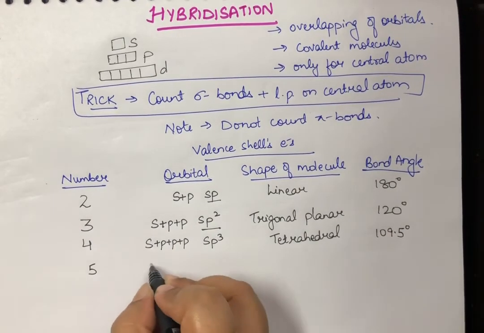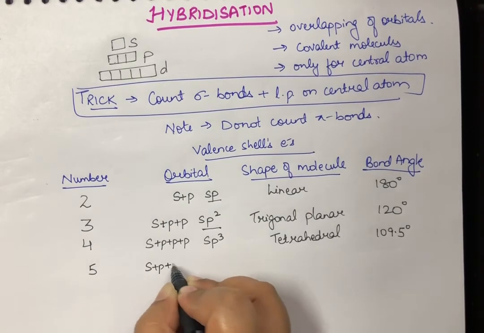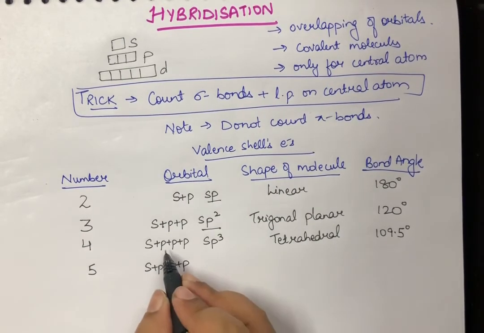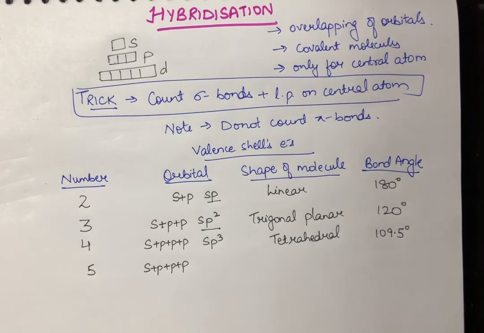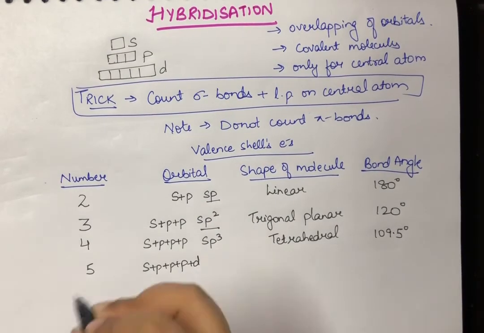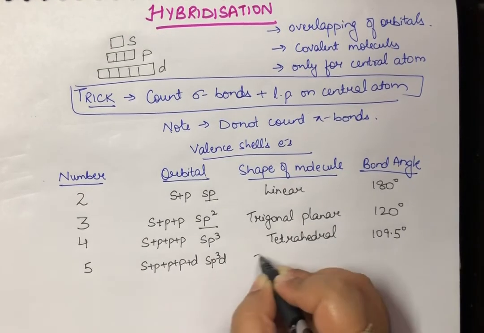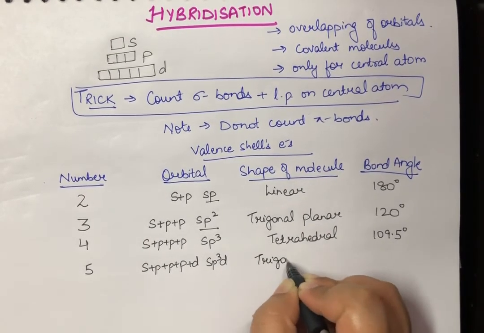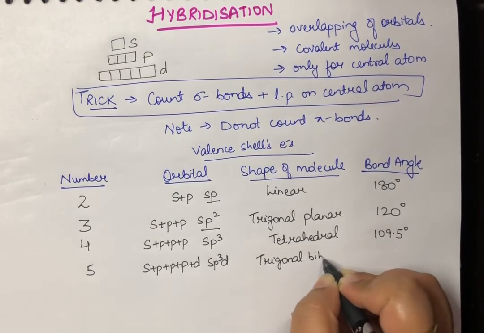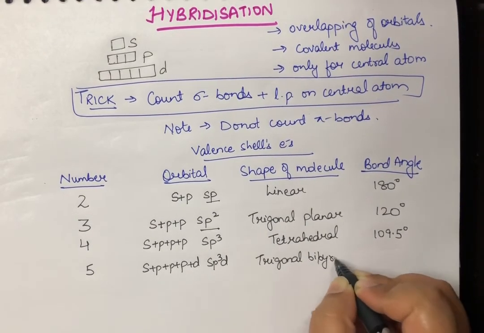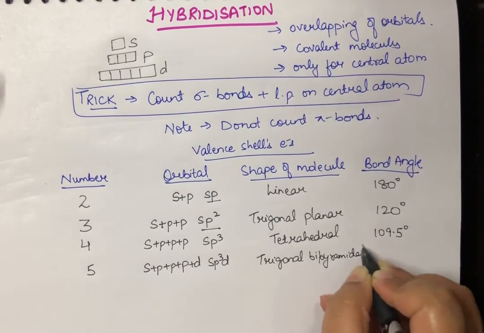Similarly, if it is 5, now, till 4, all the orbitals of the p subshell were used. So if you need one more, it would come from the next available, which is d. So it is going to be sp3d. The shape is called trigonal bipyramidal, and the angles here are 2.